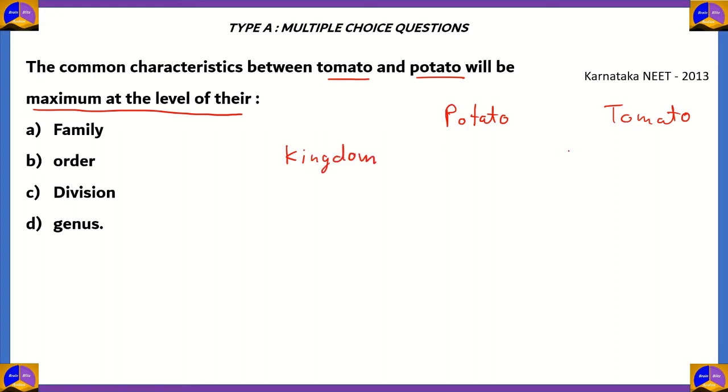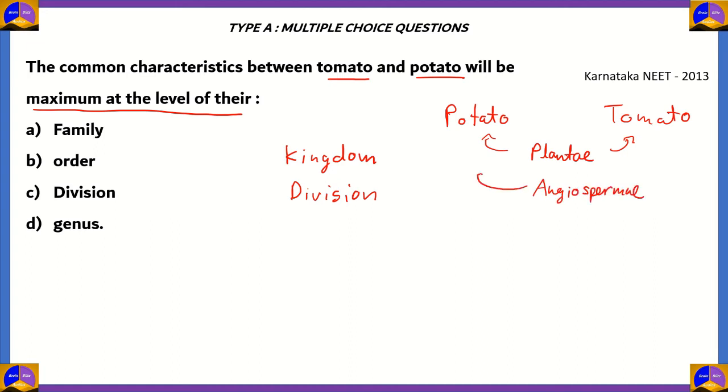So if you look at kingdom, both the tomato and potato belong to the kingdom Plantae. So this applies to both columns. Now, if you were to look at the second taxonomic category, for animals, it's phylum, but for plants, it's division. So if you look at the division for both potato and tomato, it will be Angiospermae.